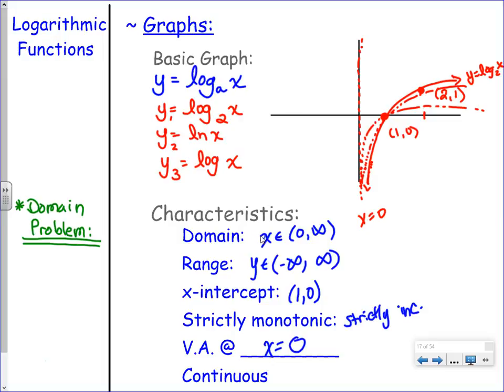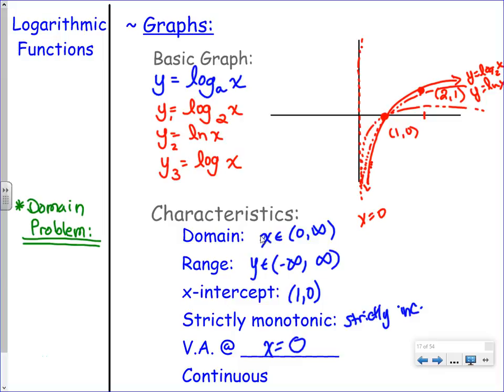What would be the second special point for y equals ln of x? Does the 2 stay or does the 1 stay? I know, it's okay.